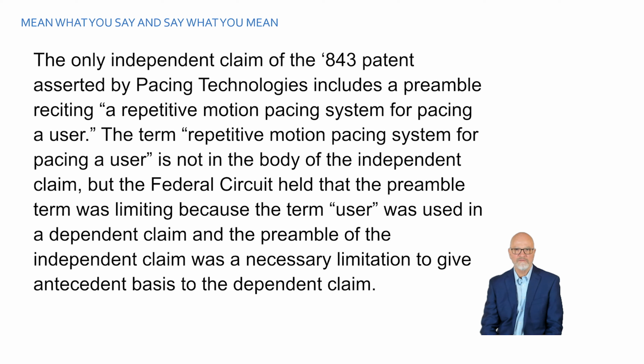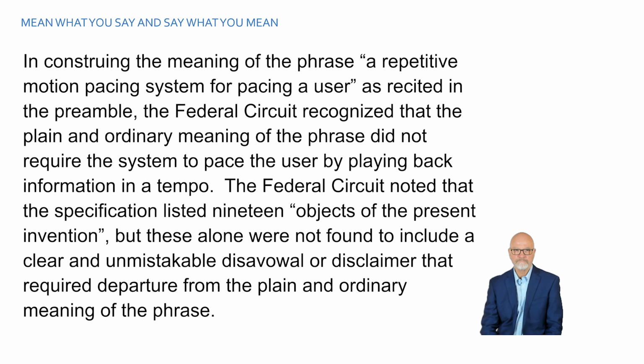The term repetitive motion pacing system for pacing a user is not in the body of the independent claim, but the Federal Circuit held that the preamble term was limiting because the term user was used in a dependent claim, and the preamble of the independent claim was a necessary limitation to give antecedent basis to the dependent claim.